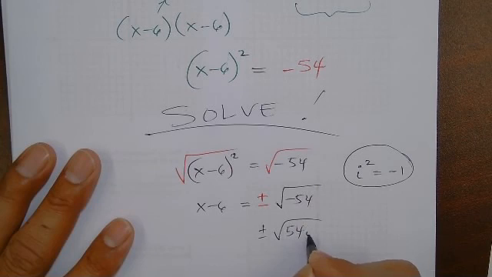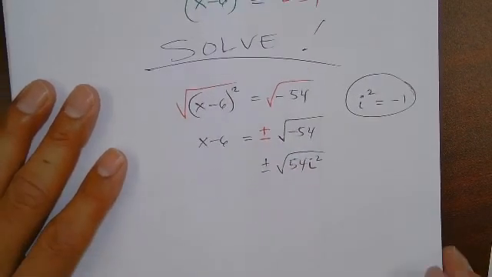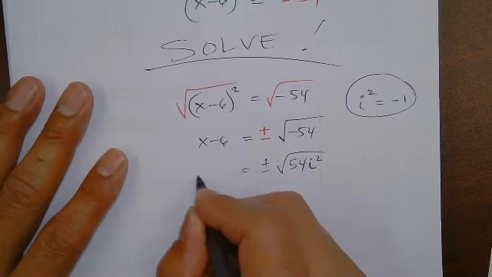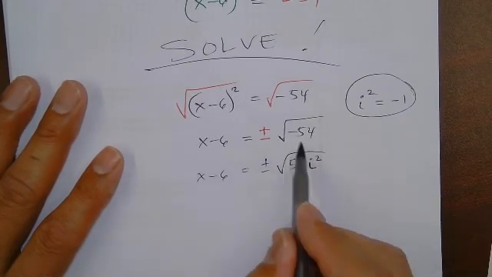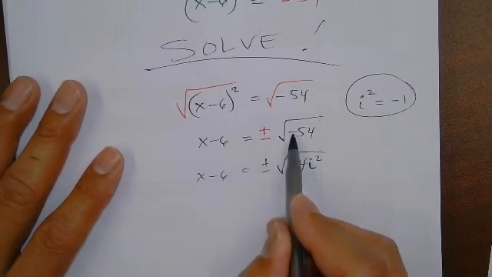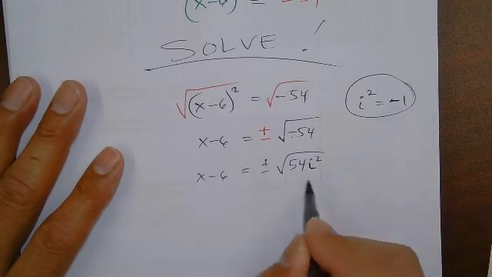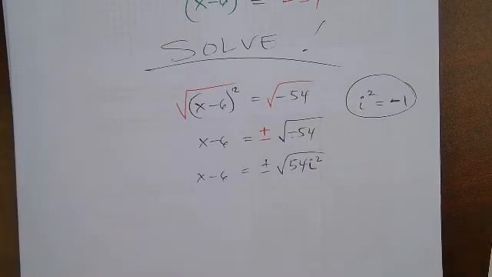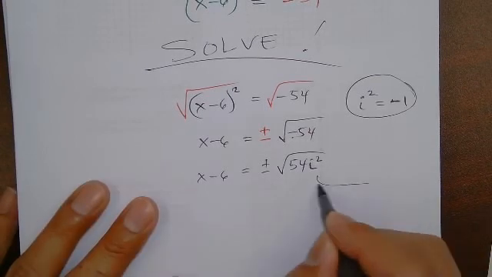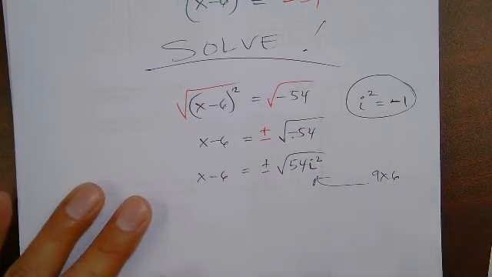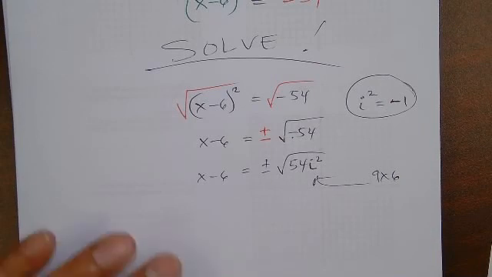It turns into, remember, i squared is equal to negative 1. It turns into an i squared. So it's really going to be plus minus the square root of 54i squared. Yeah? That negative is like a negative 1. And negative 1 is i squared. So you just put an i squared like that.